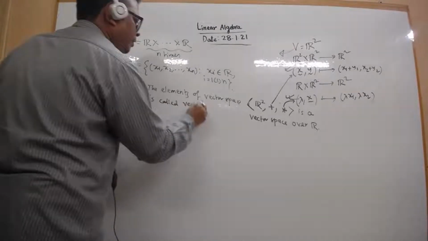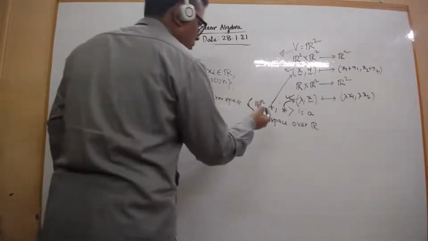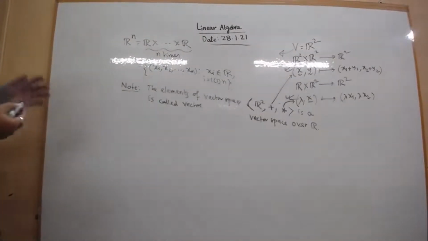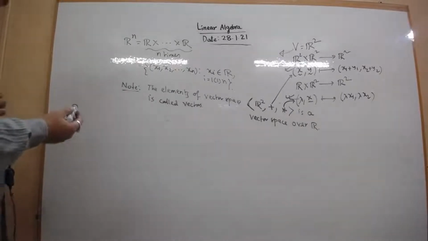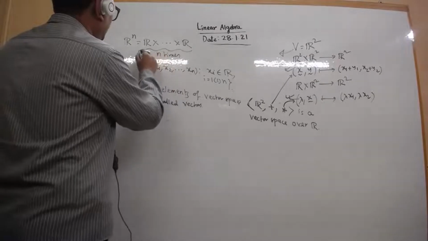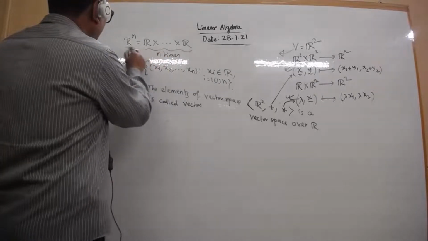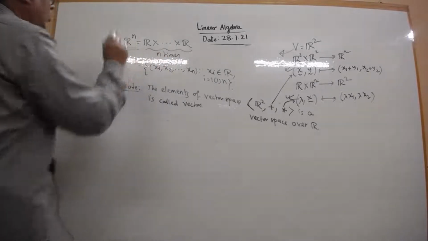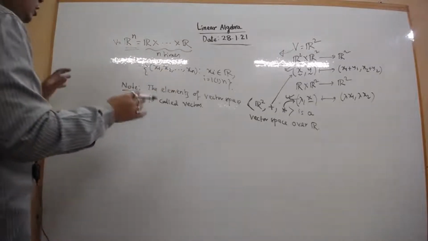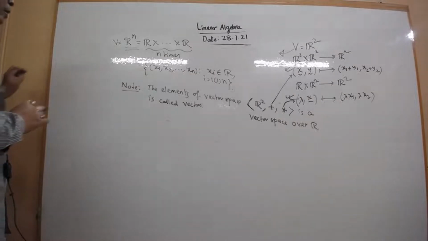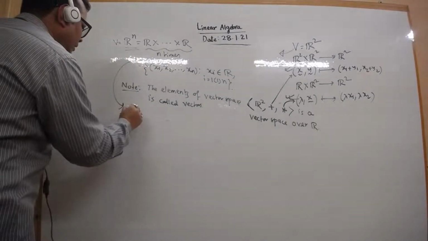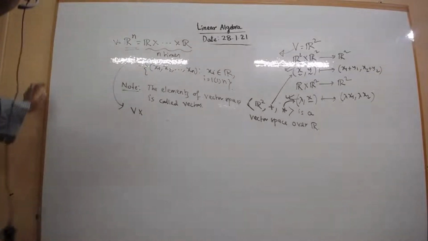So if V is a vector space, then its elements are called vectors. Now we take V equal to Rn, that is, the collection of points of the n-dimensional vector space, and we define vector addition on Rn.